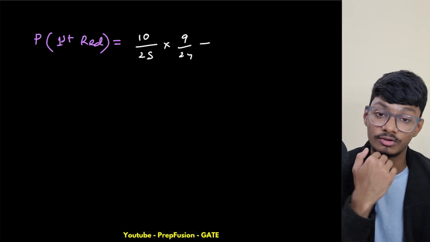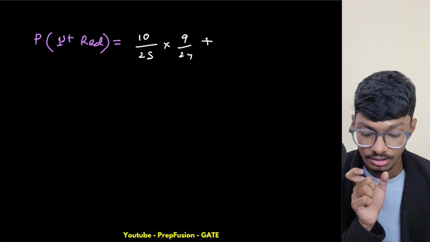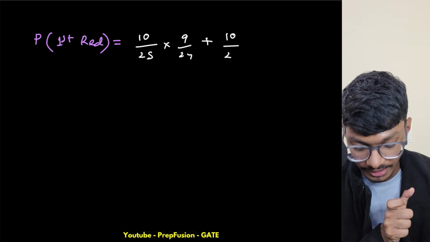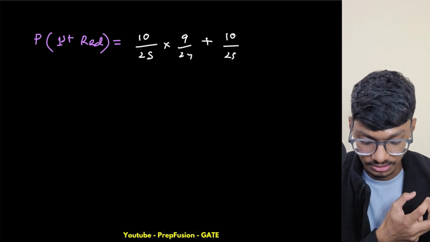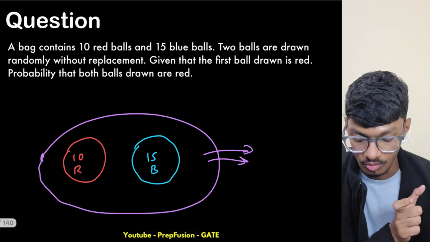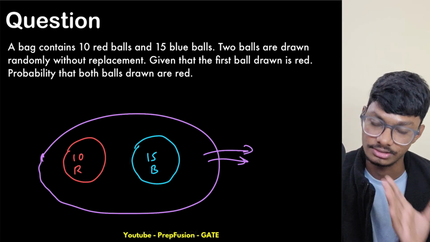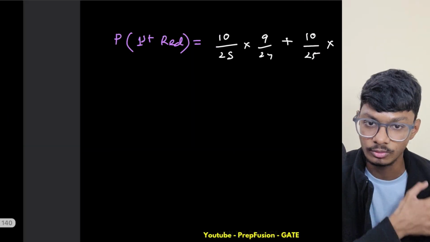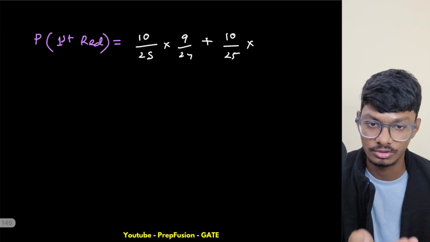Now what is the other case that can happen? The other case is I got a red ball the first time, and then in the next draw I got a blue ball. Now how many blue balls do I have? I still have 15 blue balls, but the total number of balls has reduced by 1, so the total is 24.